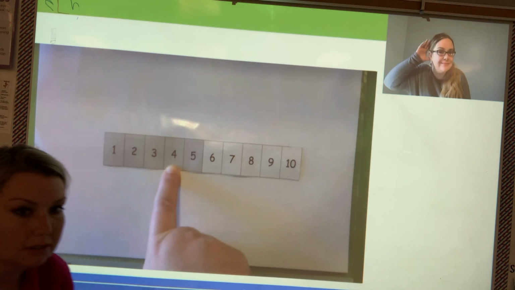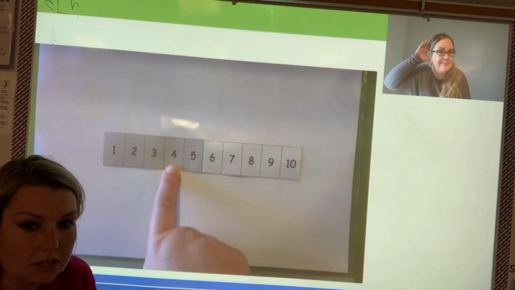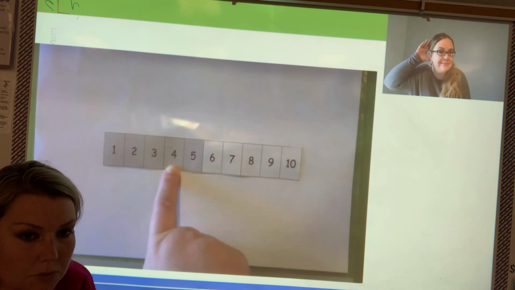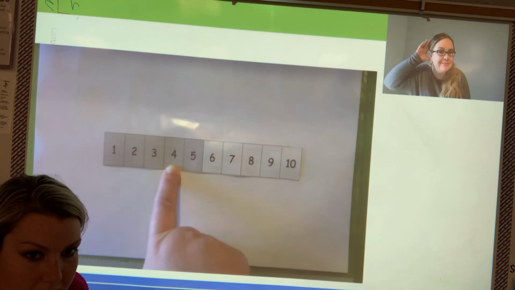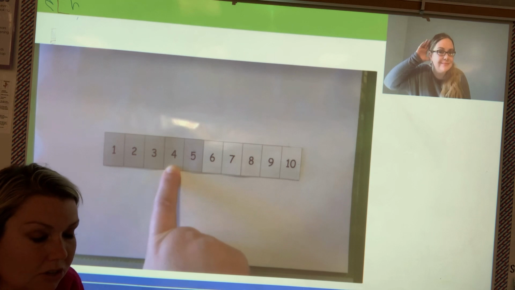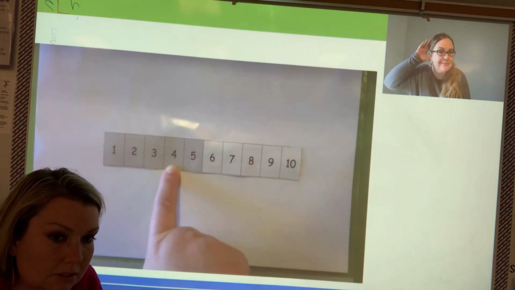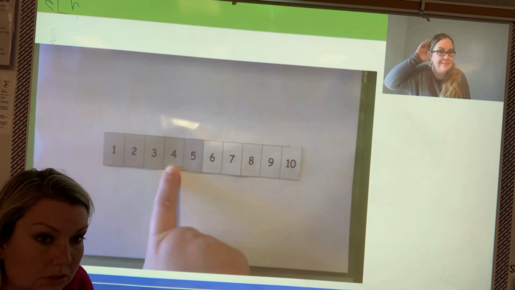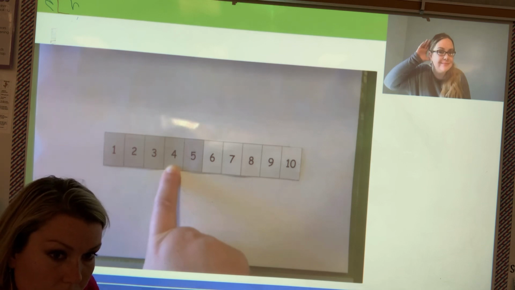Raise your hand if you think you know. Nicole, are we going to move forwards or backwards? We're going to move forward. How do you know? Because I listened to that story.